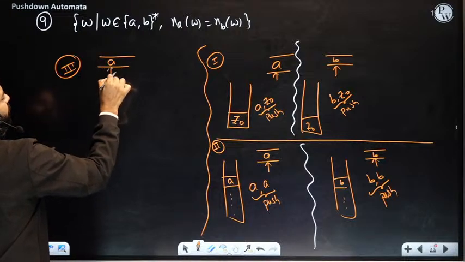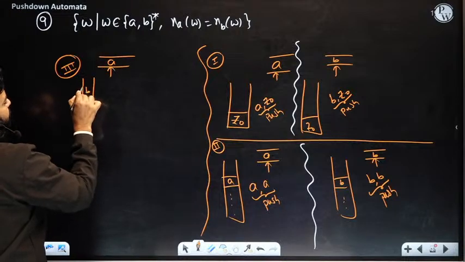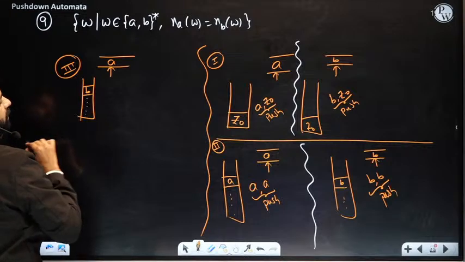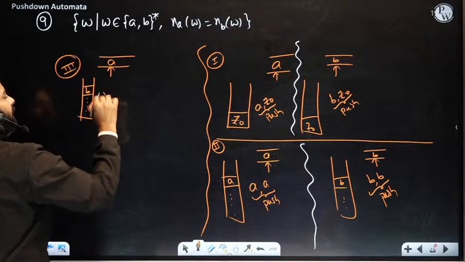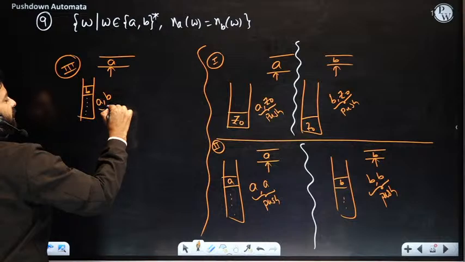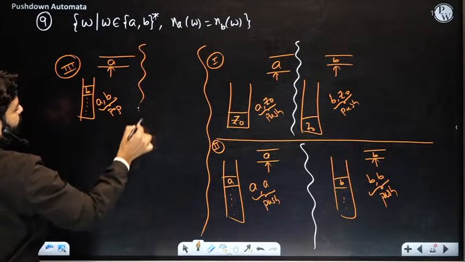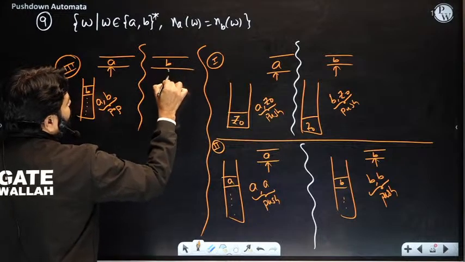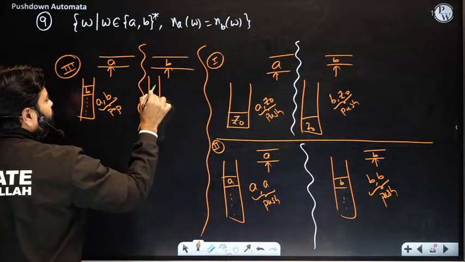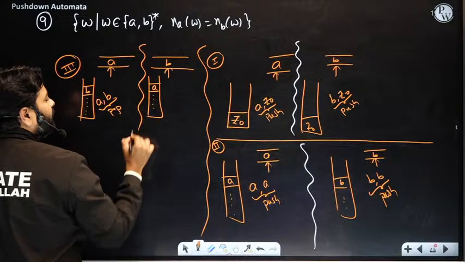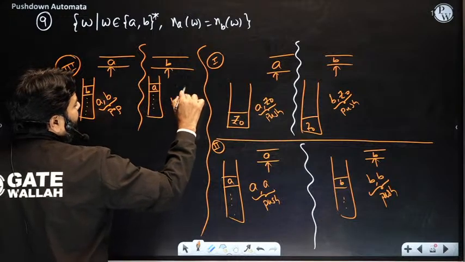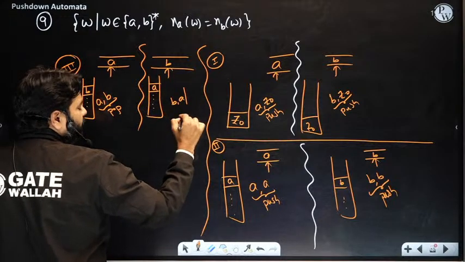Input is A, but on top of the stack you see B. These are opposite symbols: A is the input, B is the top of the stack. You just pop it. What is another situation you may have? B is the input, but the top of the stack is A. So B comma A, pop it.